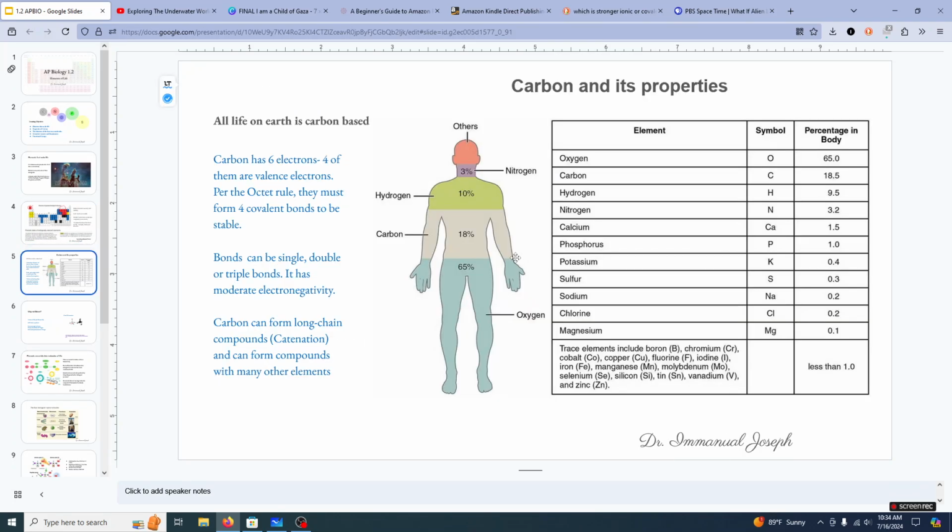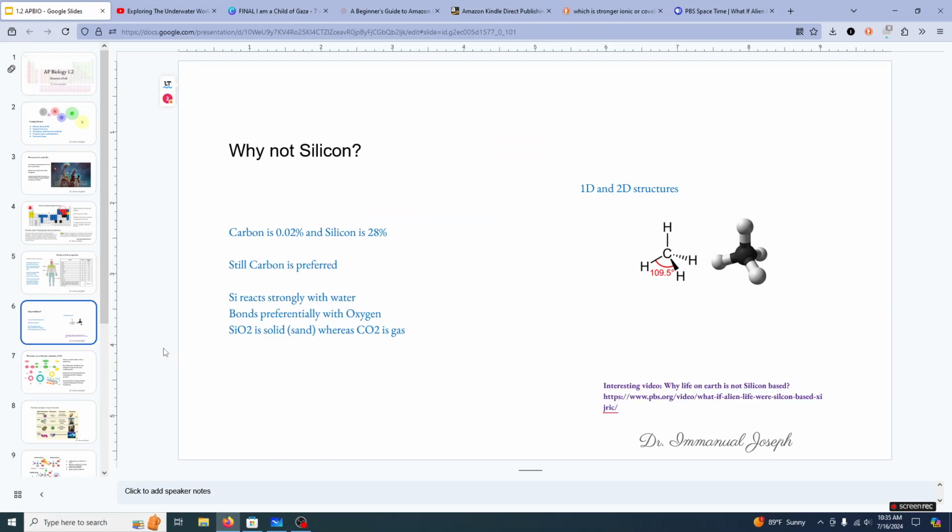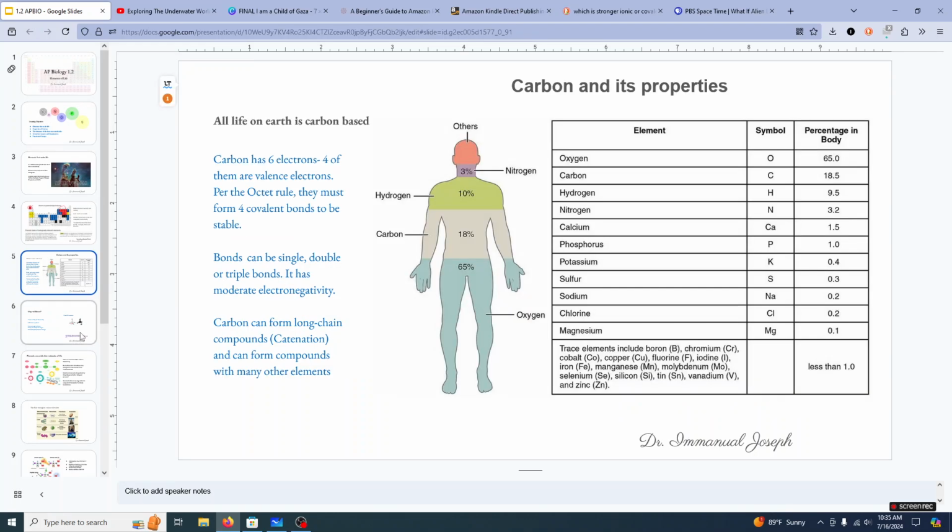And we looked at carbon as the singular element because of its versatility in forming different kinds of bonds, and because of its moderate electronegativity and its ability to catenate, which is to form links of molecules with itself, and also its ability to form covalent bonds with a bunch of other elements, makes it a much more suitable molecule for life.